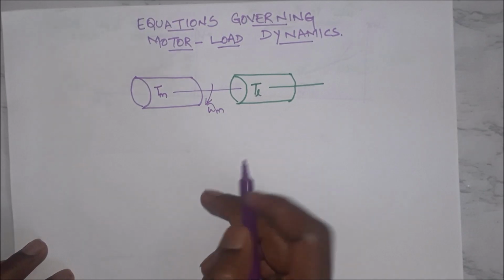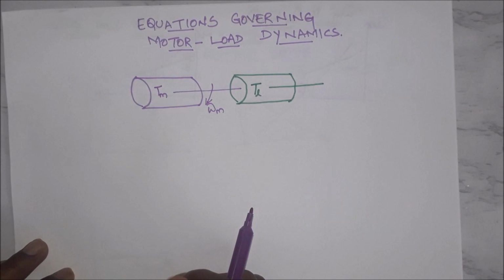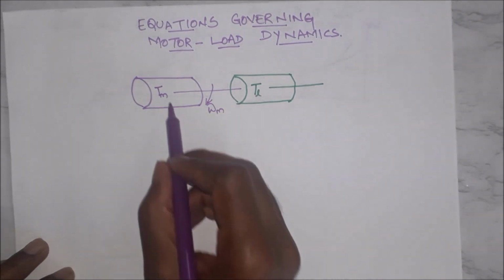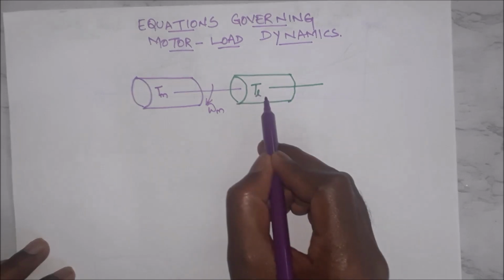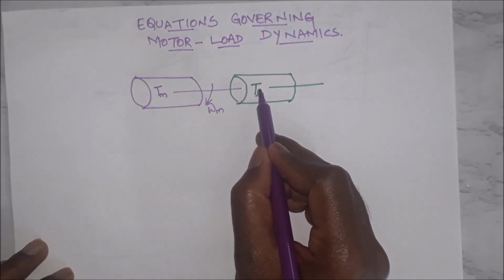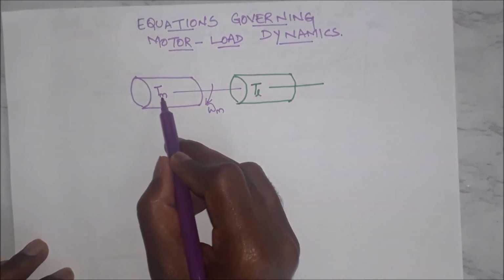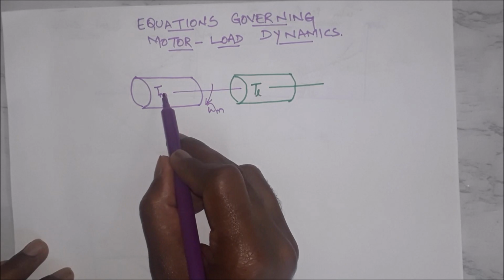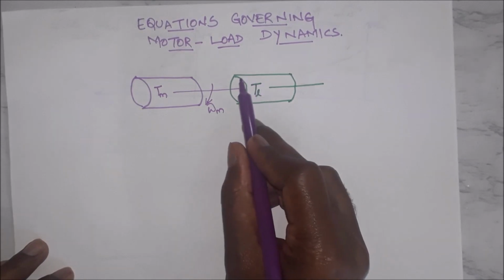Now let us derive the motor load dynamics for this. Here this motor is driving this load with a motor torque, and the torque of this load is TL.